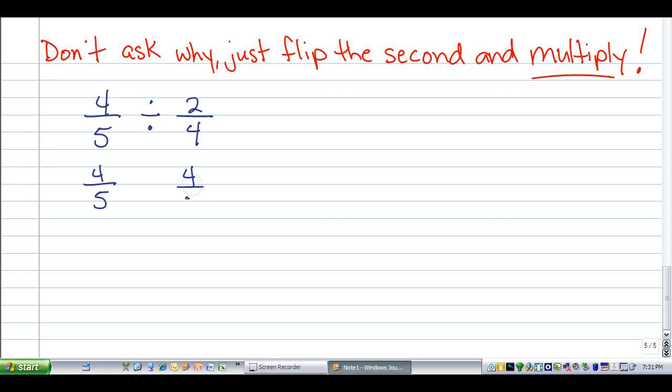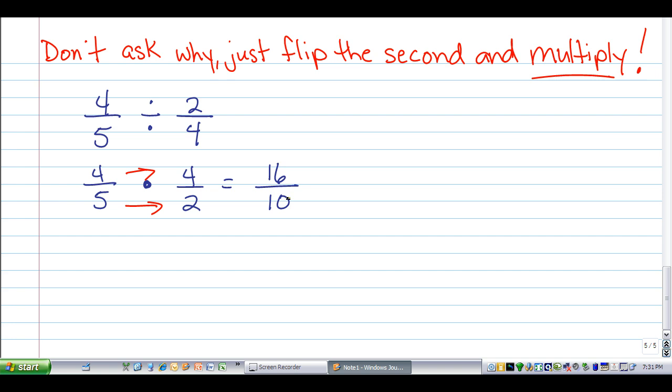Flip it. And we are not going to divide anymore, we are going to multiply. And now we multiply like we learned before, multiplying across. Numerator to numerator, denominator to denominator. 4 times 4 is equal to 16. 5 times 2 is 10.